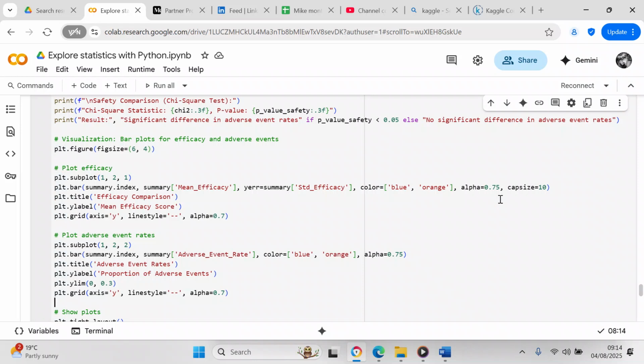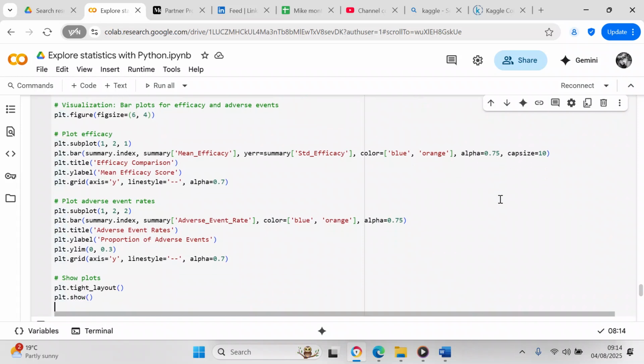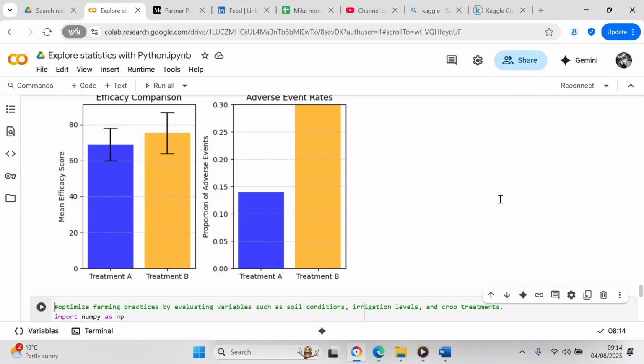The title is adverse event rates. The y-label is proportion of adverse events. The limit is 0.3, that's your ylim. And your grid is axis='y', linestyle='--', alpha=0.7. So we've got plt.tight_layout and plt.show.